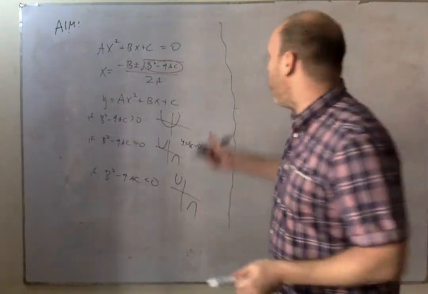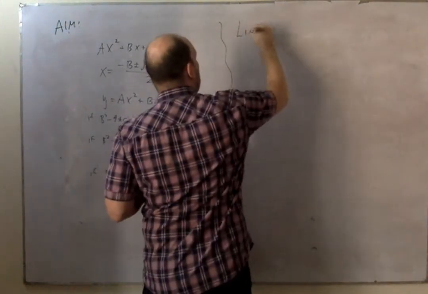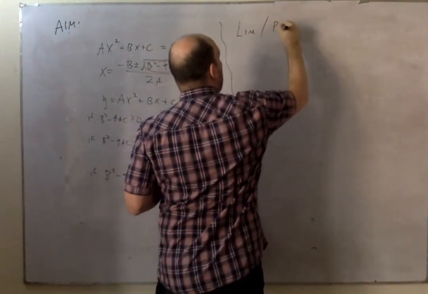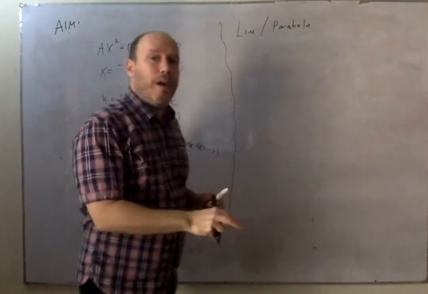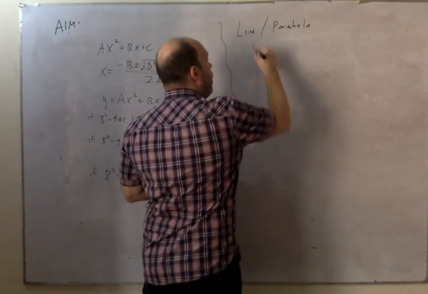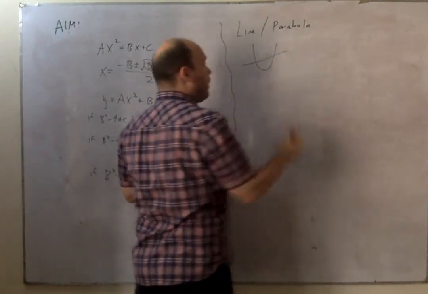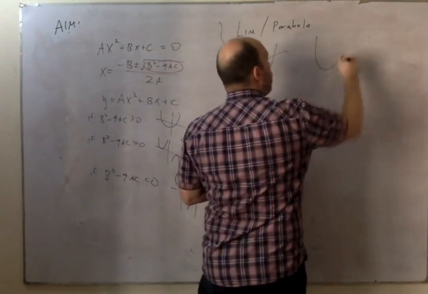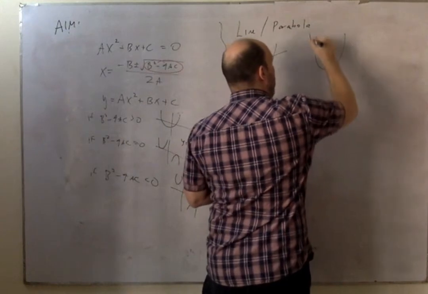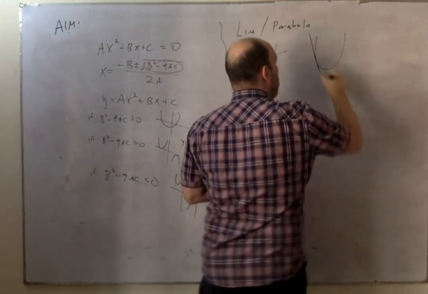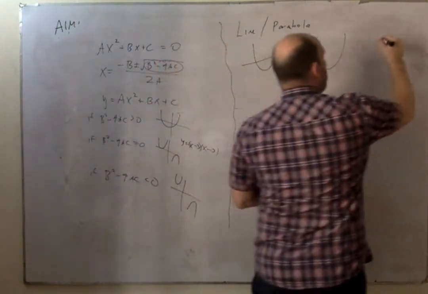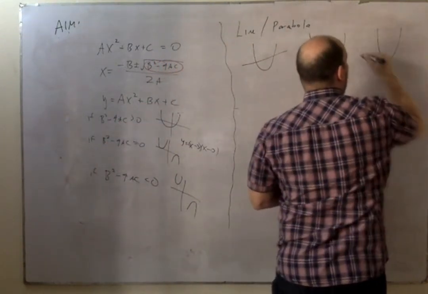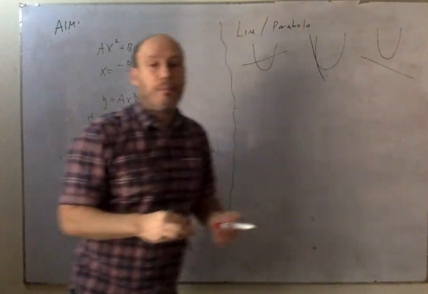If you think about it, there are three situations. Either the line passes through the parabola in two places, or the line touches it in one place, and we're going to see this in calculus. And the other situation is that we have a parabola and the line doesn't touch it.